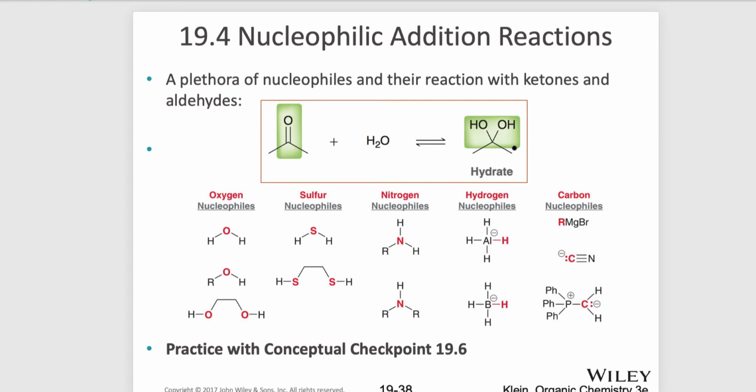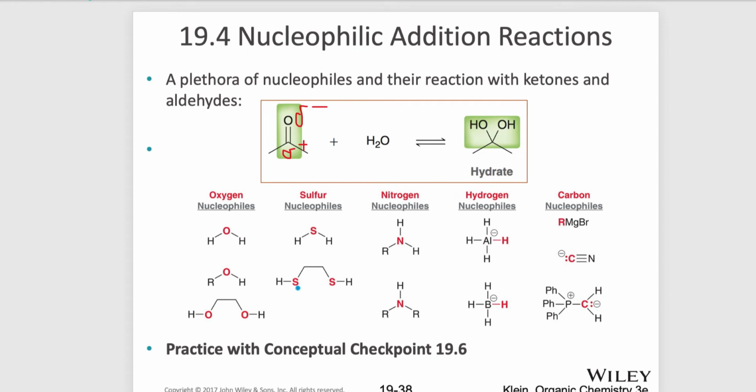But basically what we need to recognize is that, remember how we started out, there's a delta plus on the carbon and a delta minus on the oxygen. There's very rich chemistry here that we need to contemplate.